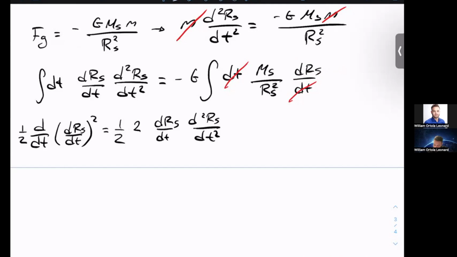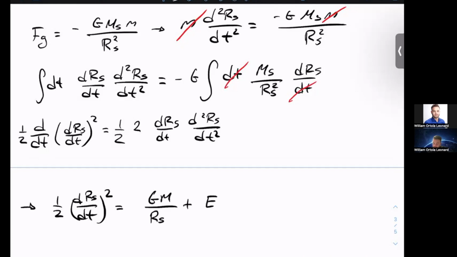And so what we end up finding for this integral is the following: we're going to have 1/2 of (dRs/dt) squared being equal to GM divided by Rs, plus an integration constant, okay? A constant that comes from integration, which is this E that we have right here.